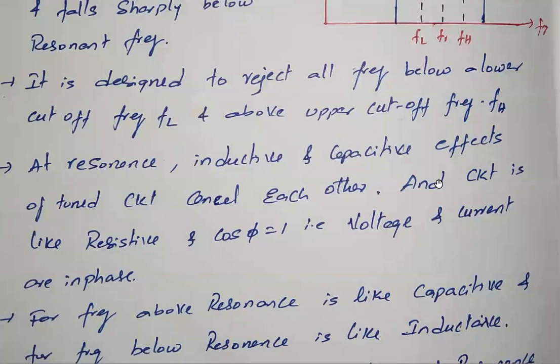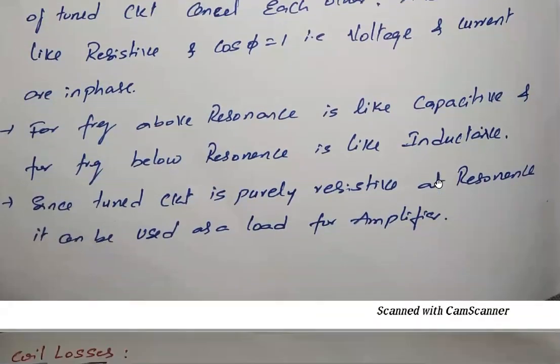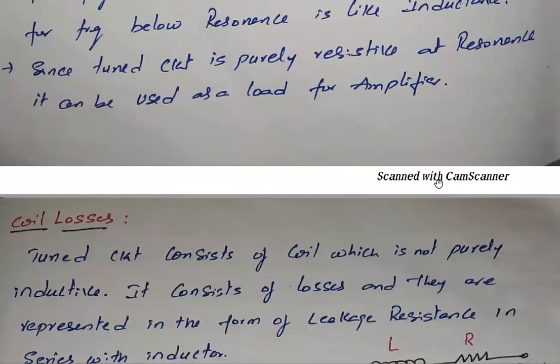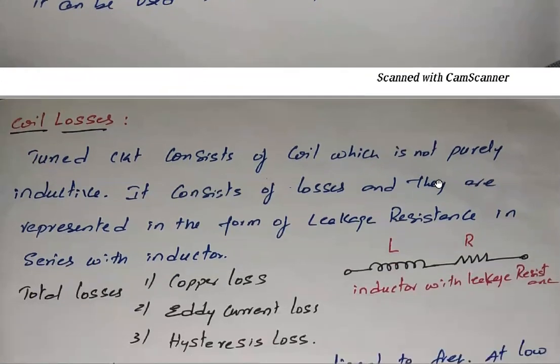Under resonance, the circuit is purely resistive. The circuit appears purely resistive, that is, the reactive components will be nullified. The reactive components due to capacitance and inductance will be nullified. Only the impedance we are seeing is purely resistive.